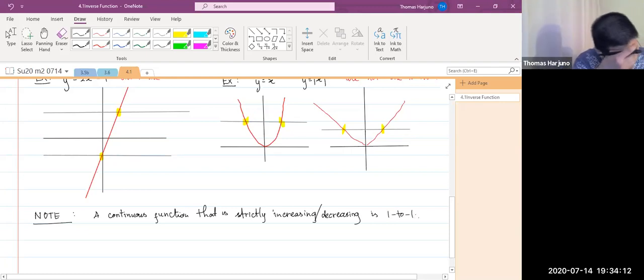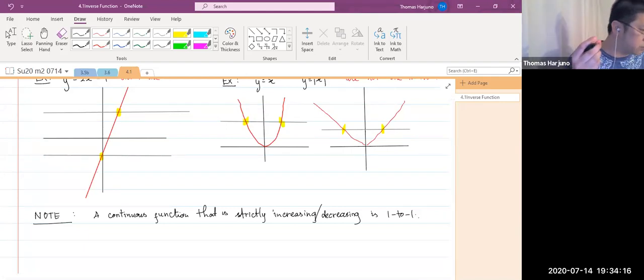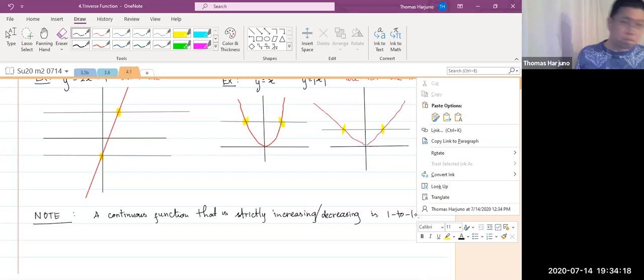If it is strictly increasing or strictly decreasing, then it must be one-to-one.